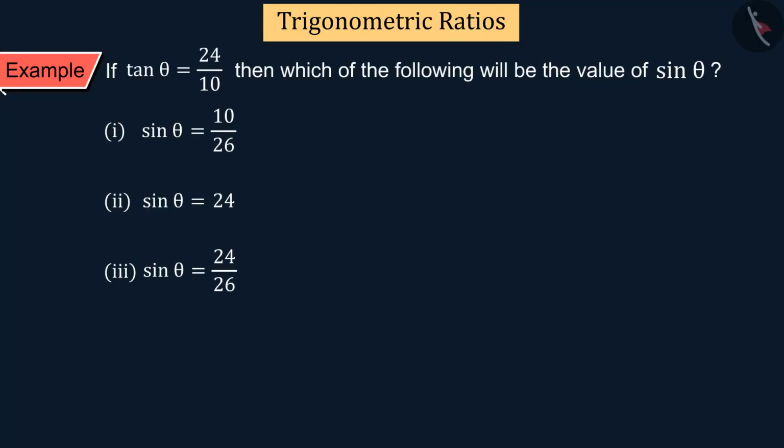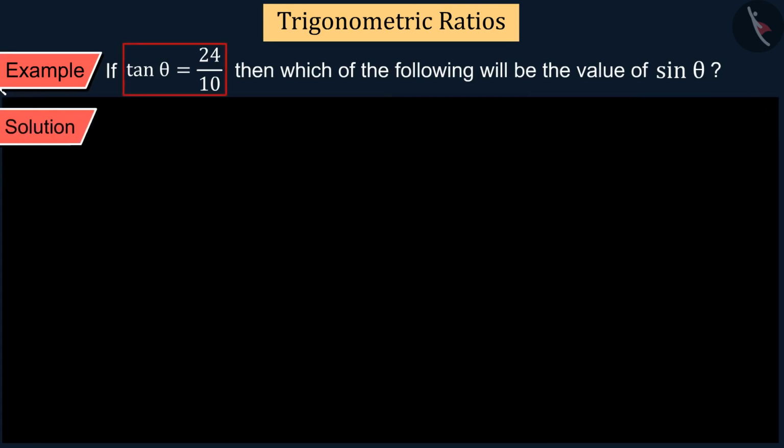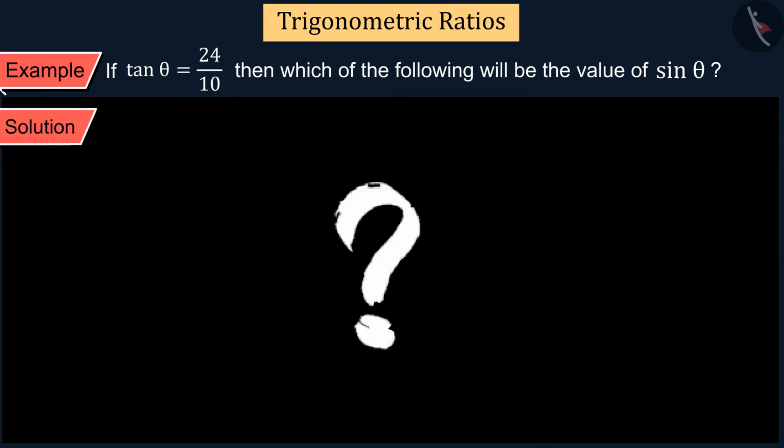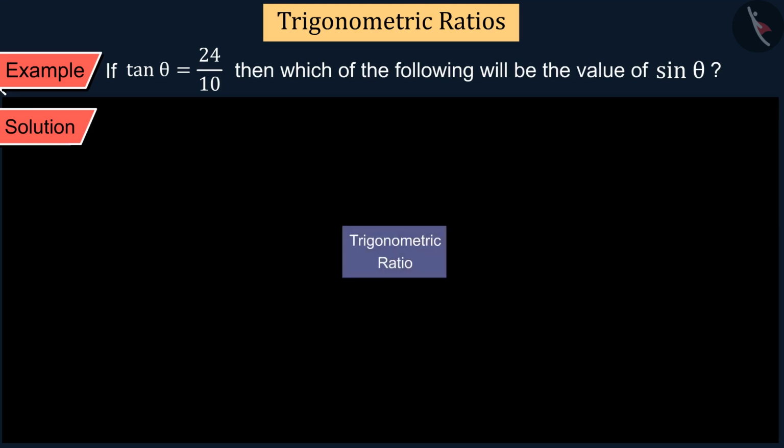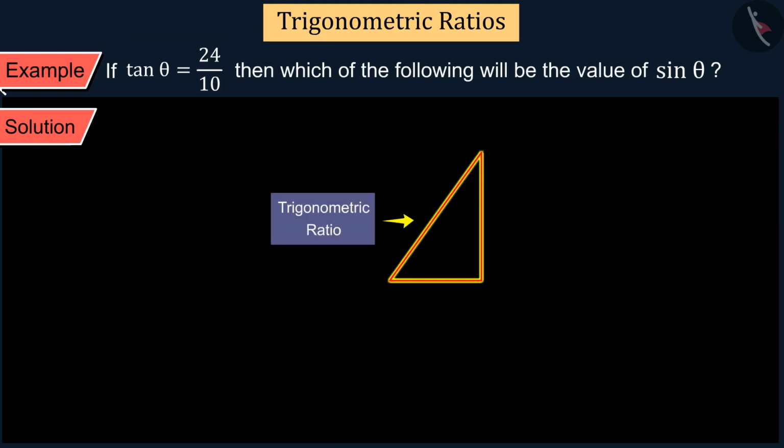In the question, we are given tan theta equals 24/10 and the value of sin theta is asked. Can you tell what we need to do first? Perfect! We know that trigonometric ratios represent the ratios of two sides of a right angle triangle.